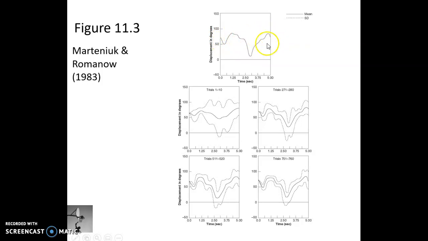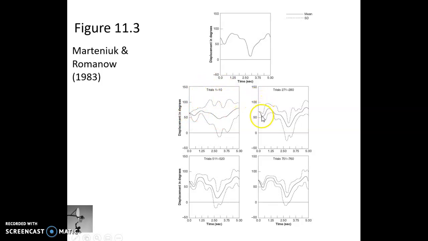And so you can see the dotted line will be the standard deviation, and the solid line would be the criterion movement. So in the very beginning, you can see that the criterion movement is very different than what these illustrate. But this will be the mean. And then your standard deviation is quite wide, which means there's a lot of variability with this movement at the very beginning.